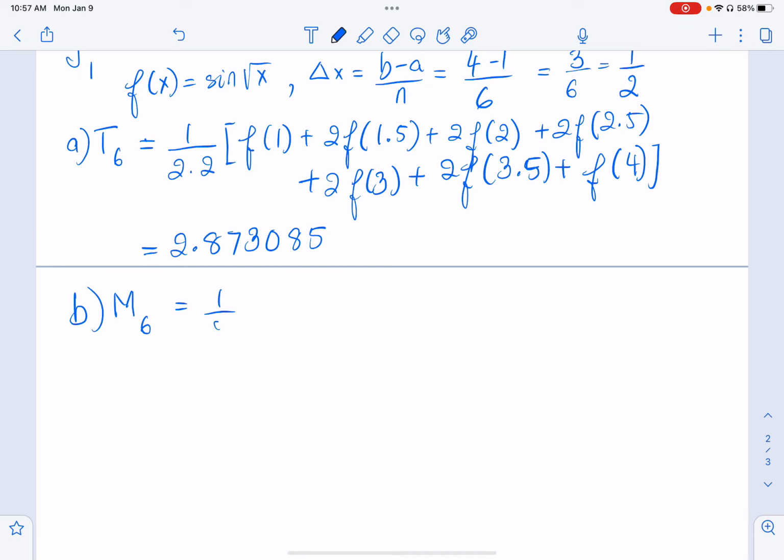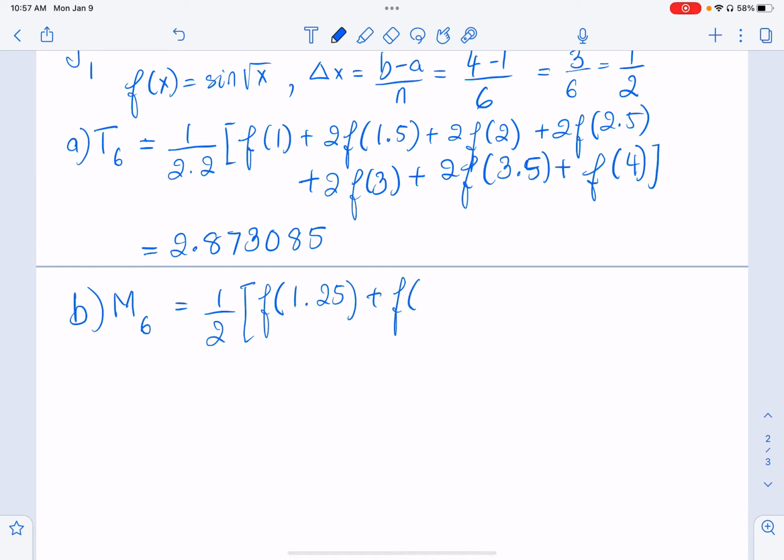So we have delta x, which is 1/2. And then we have f of 1.25. Right? So it's a midpoint.